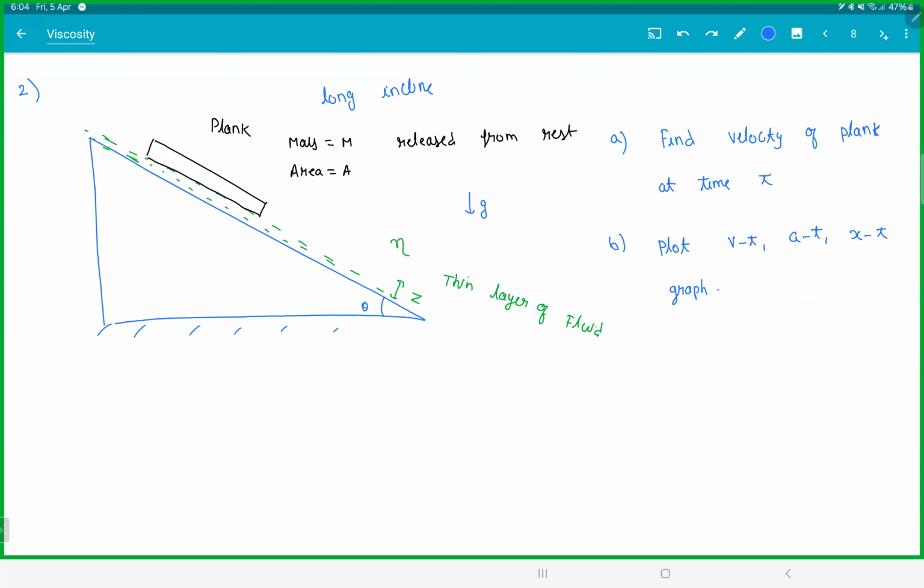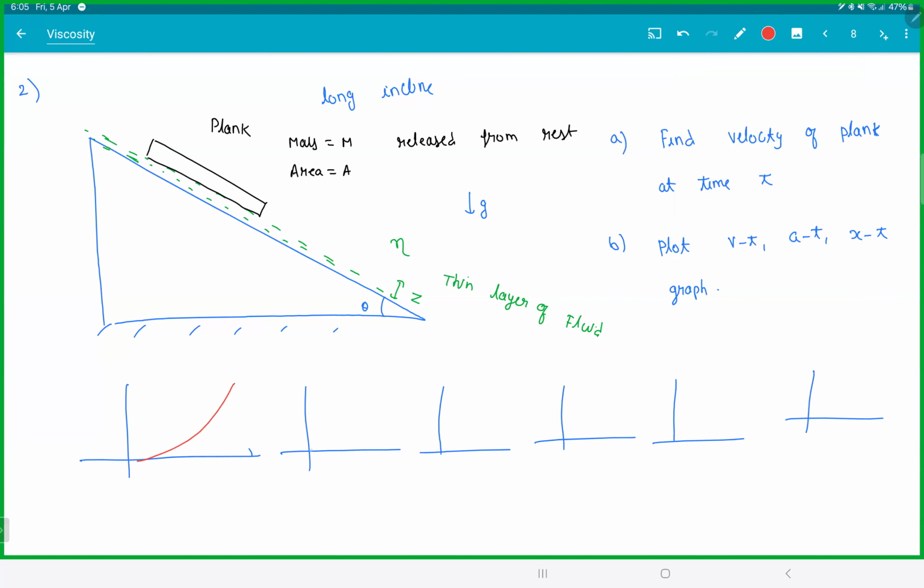If this question comes in the exam and we want to guess, what will be the options?